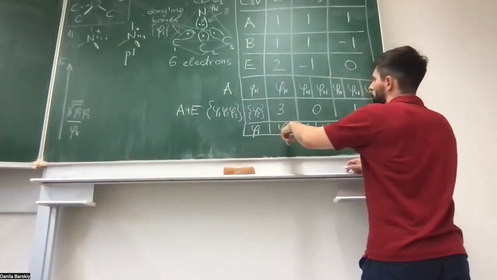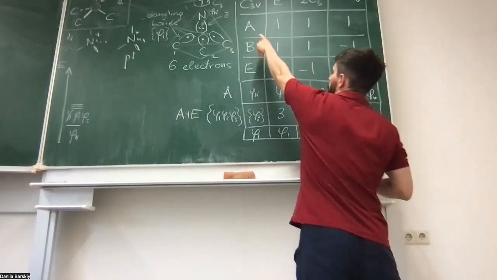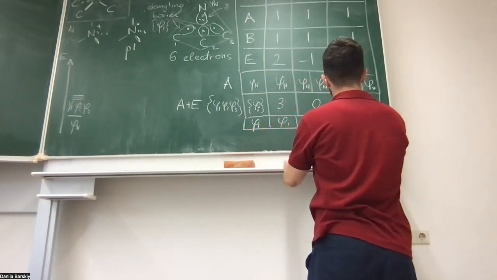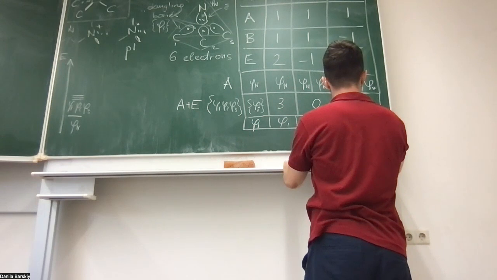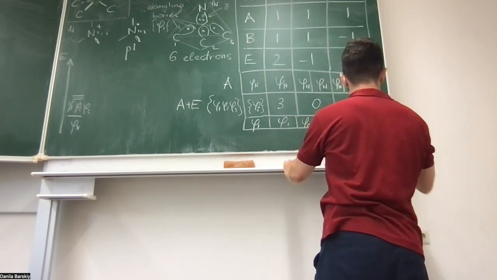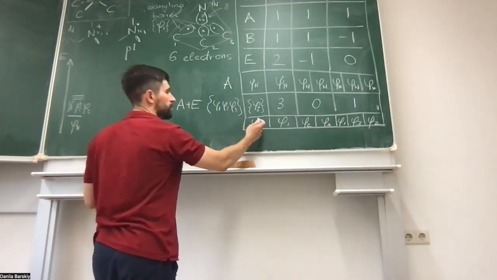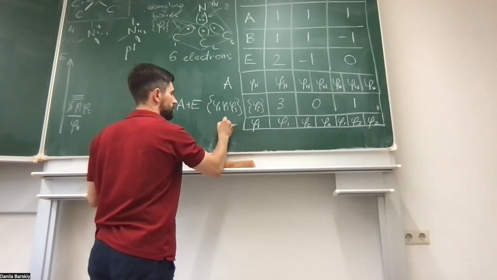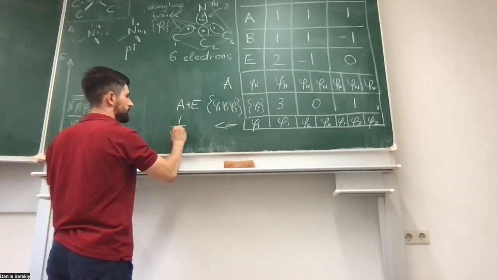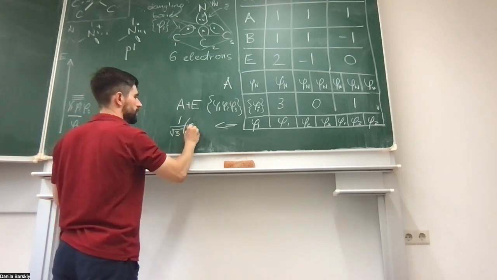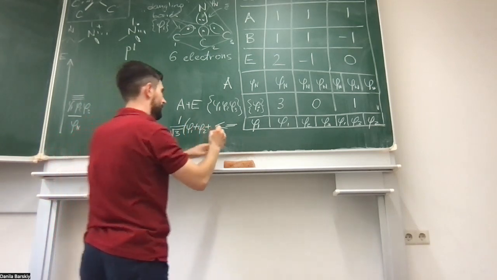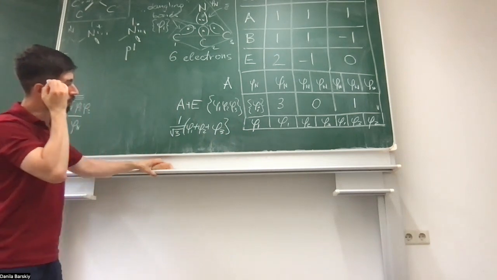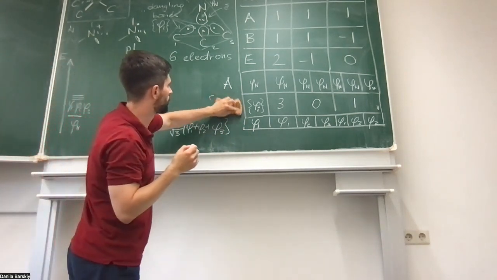We do it first with all positives, A. For sigma V, one of them will stay in this position, another changes. So you sum them up, 1 plus 1, 2, 3, 1, 2, 3, and normalize, such that the sum of squares of the coefficients equals 1. So what we did right now is found the combination that transforms under A.